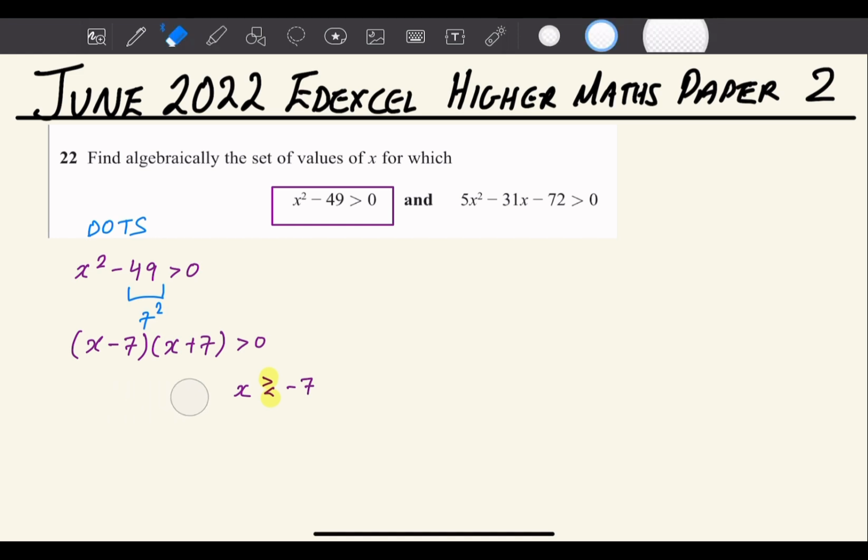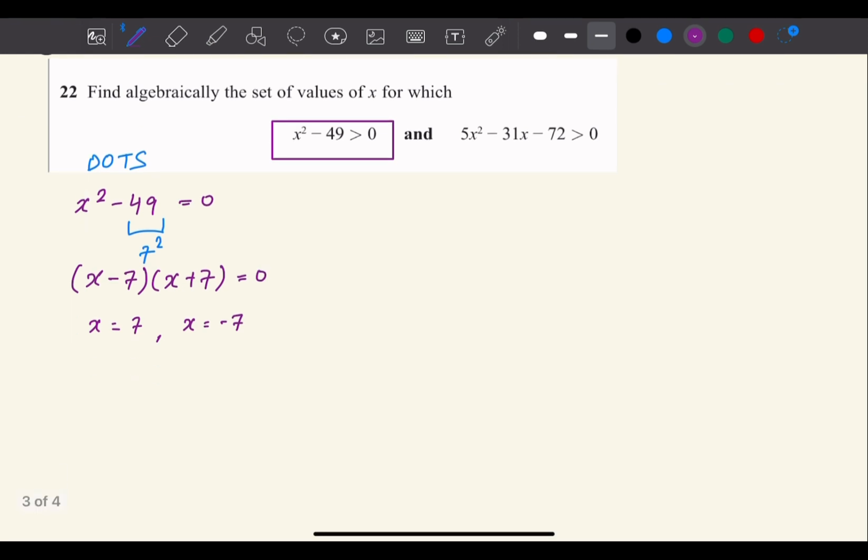To avoid confusion with signs, I think it's easier to treat it as a normal quadratic first. So x is equal to 7, x is equal to minus 7. That's not what we're doing here, but just for illustration's sake.